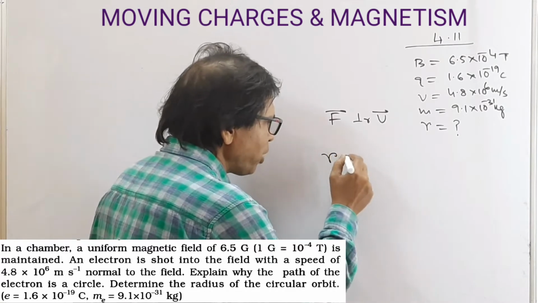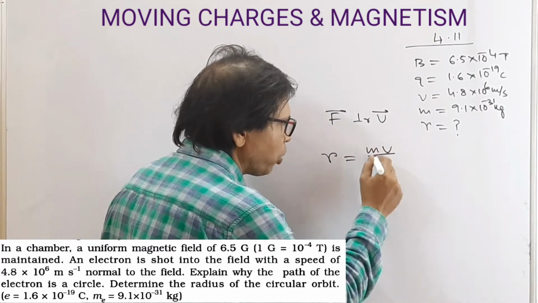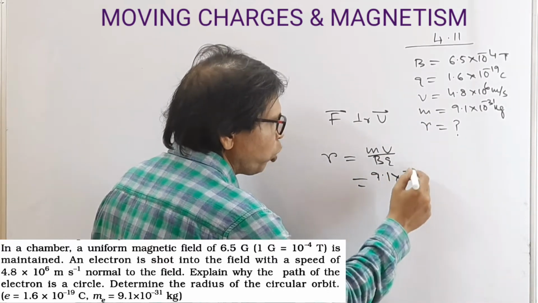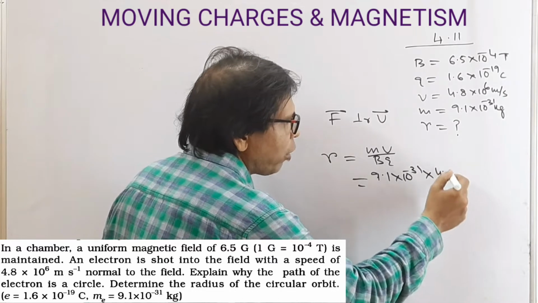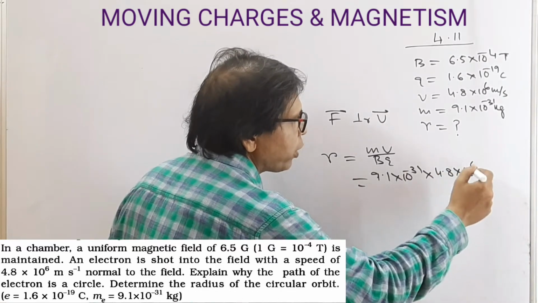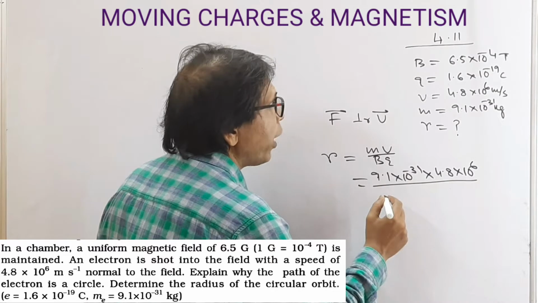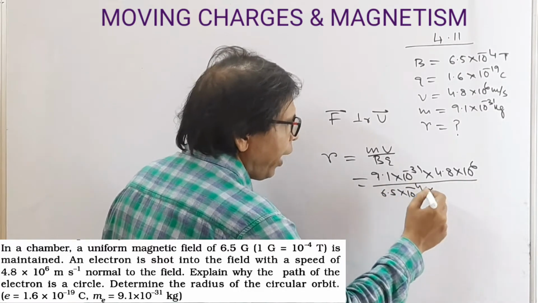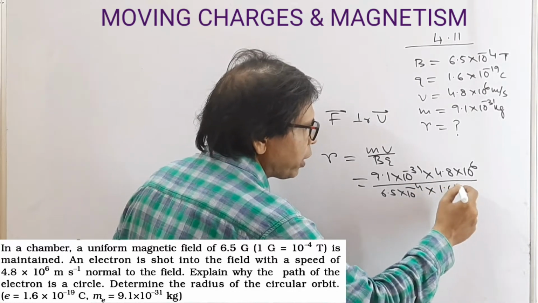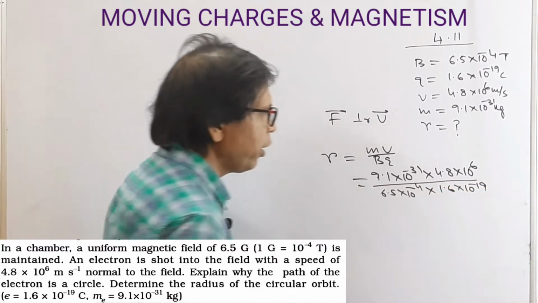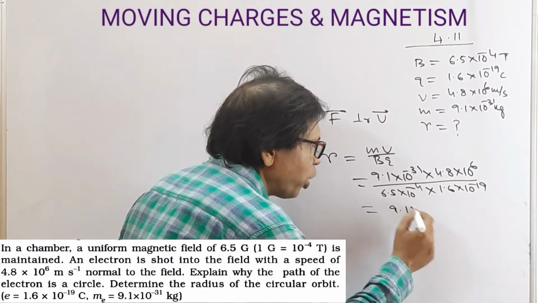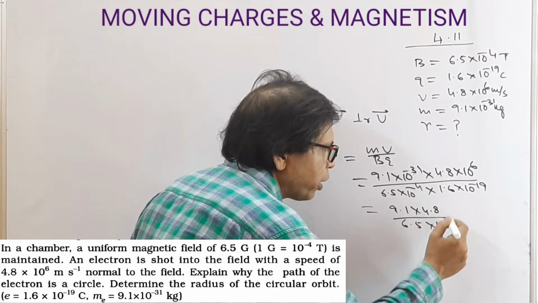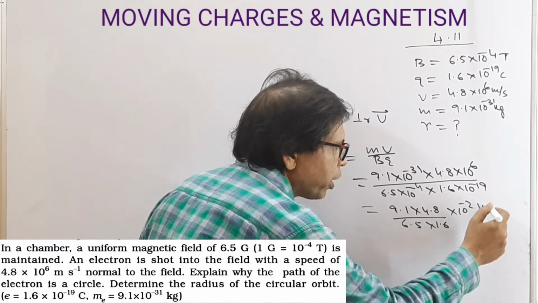Now the radius of the circular path is mv by Bq. Now put the values: m is 9.1 × 10^-31, v is 4.8 × 10^6, B is 6.5 × 10^-4, and q is 1.6 × 10^-19. So 9.1 × 4.8 divided by 6.5 × 1.6 × 10^-2 meter.